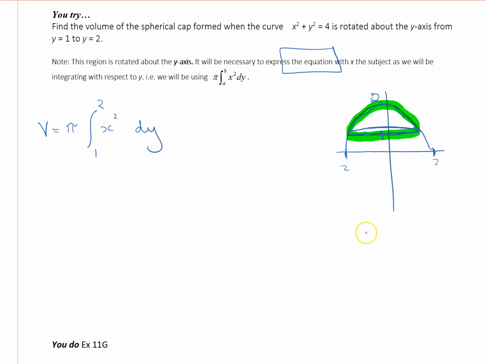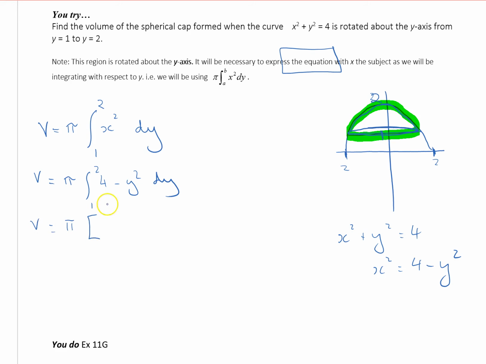It's very easy to get from x squared plus y squared equals 4 to x squared equals 4 minus y squared. So we want the volume pi times the integral from 1 to 2 of 4 minus y squared.